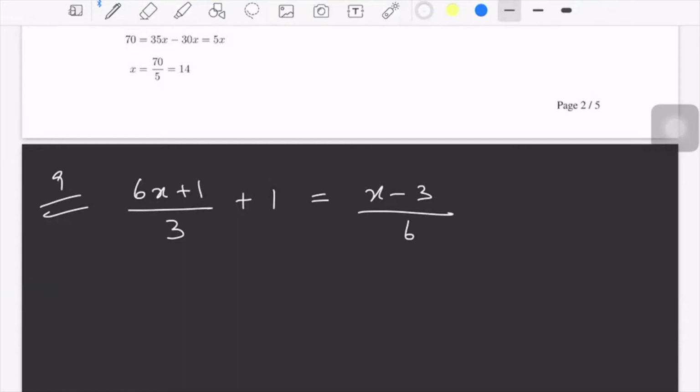So you have to think of a common multiple of 3, 6, and 1. What is the number that you're thinking of? The number that will get rid of all the denominators will be a common multiple of 3, 1, and 6.